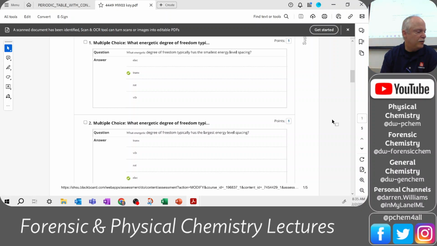The whole ream of paper, like stacks of those papers, that's like rotational levels. And then the stairs themselves will be vibrational. So you see the vibrational levels are bigger spaced than the rotation, and rotation is bigger than the translation. And remember, it's just statistics. If I throw molecules in at room temperature, those translational levels are really populated.